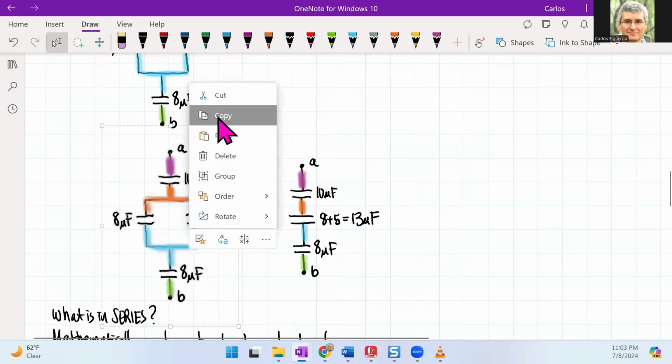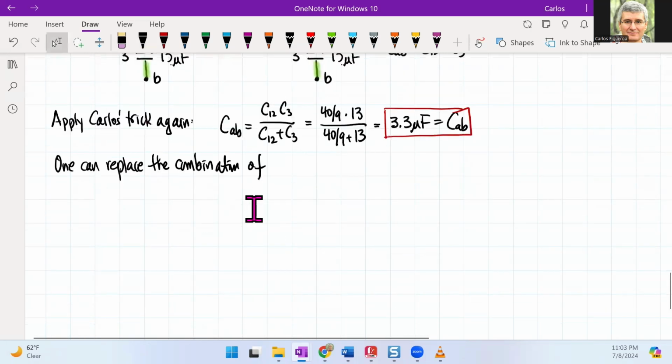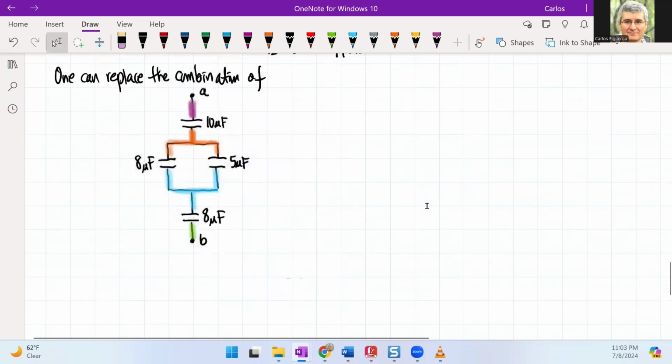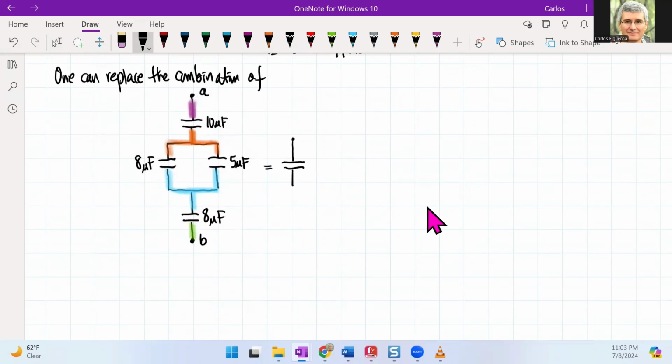So if I copy this, I can replace this combination right here with a single capacitor that now, if this is A and this is B, is the equivalent capacitance, CAB, which is equal to 3.3 microfarads. That's what we just did. So this is what we wanted to show.